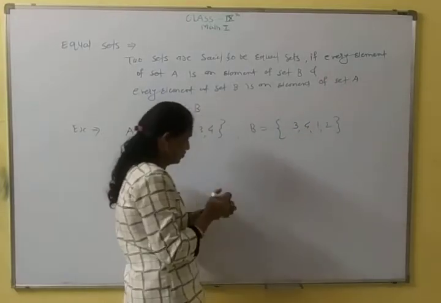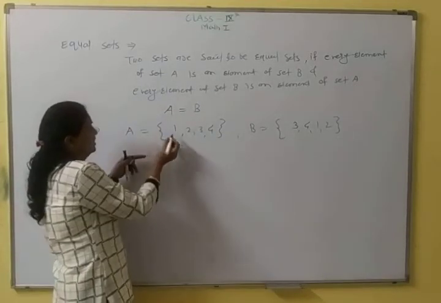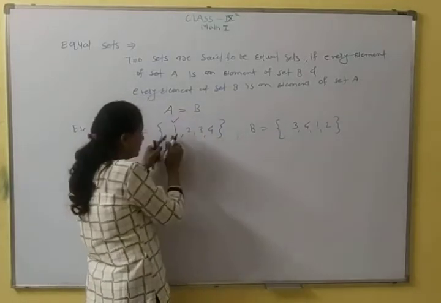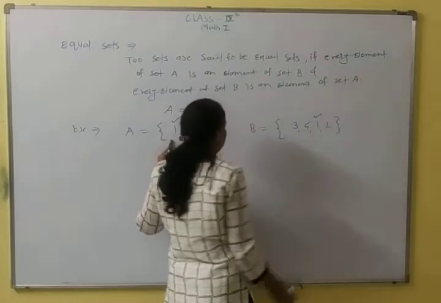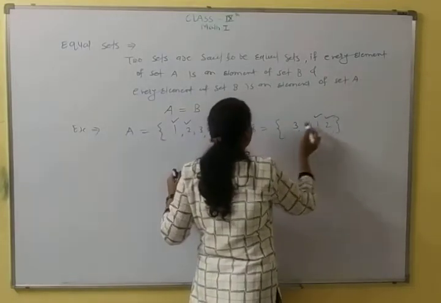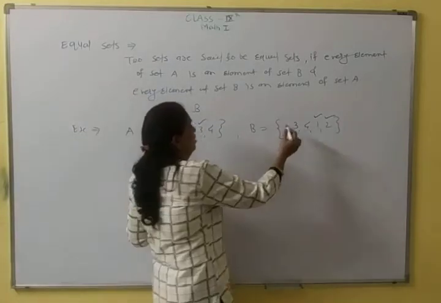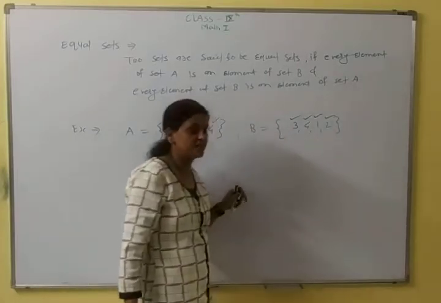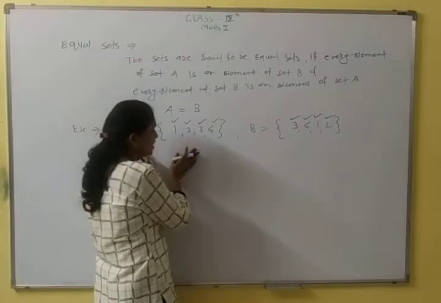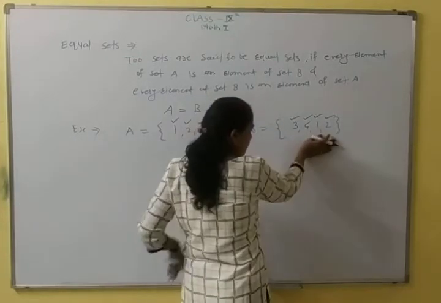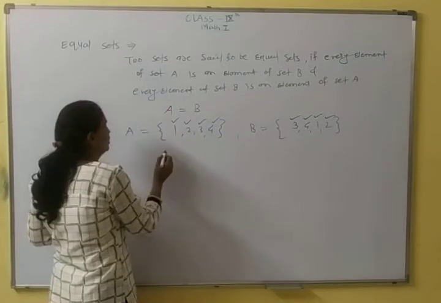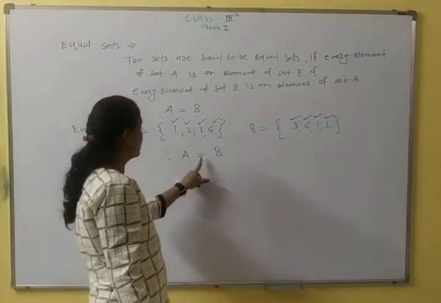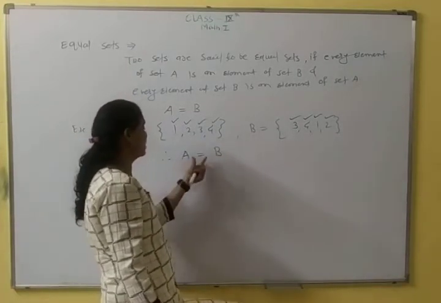So, every element of set A, one is an element of set A and one is also an element of set B. Every element of set A is an element of set B: 2 is an element of set A, also set B, 3 is an element of set A, also of set B, 4 is an element of set A and 4 is an element of set B. Therefore, every element of set A is an element of set B and every element of set B is an element of set A. Therefore, both sets are said to be equal sets and it can be written as A equal to B, set A equal to set B.